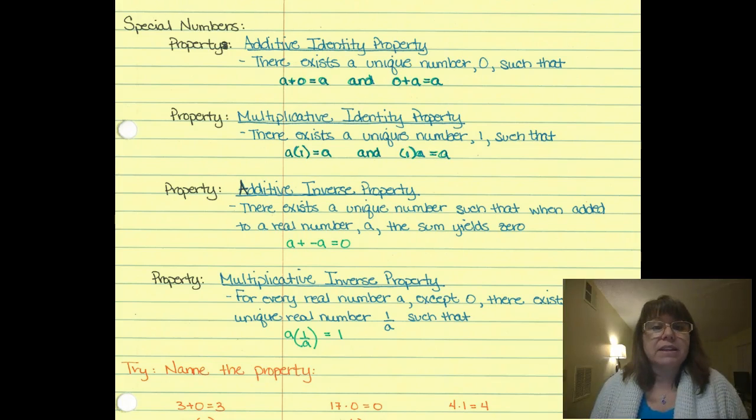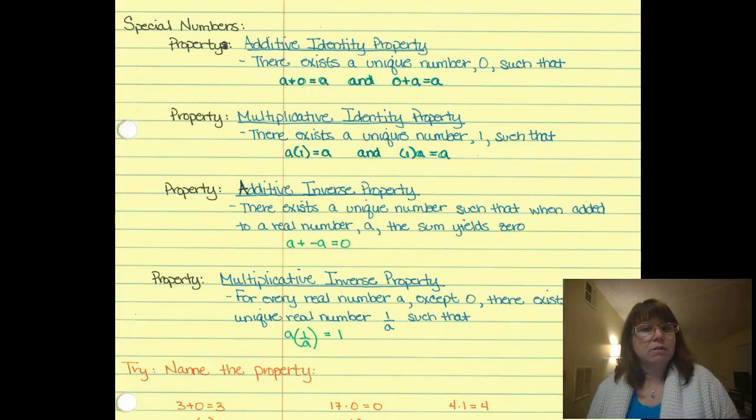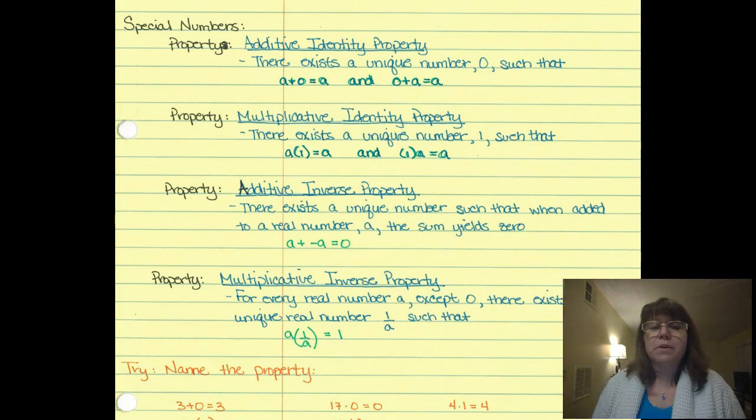The multiplicative inverse property is very similar to the definition of a reciprocal. In fact, it's that very special number that if we multiply it to, it is its reciprocal, right? So for every real number a except 0, there exists a unique real number, 1 over a, such that when we multiply them together, it's going to be 1.